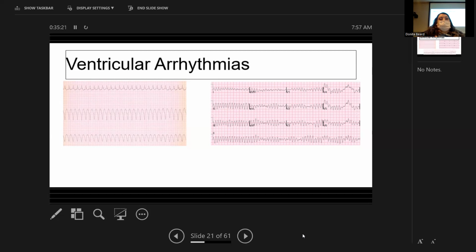You can actually see it in ischemia. So polymorphic VT is actually more common in acute ischemia than the monomorphic VT. The monomorphic VT is typically more related to scar.